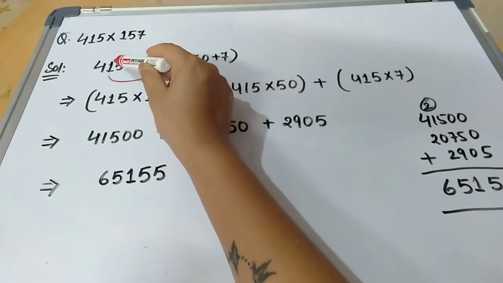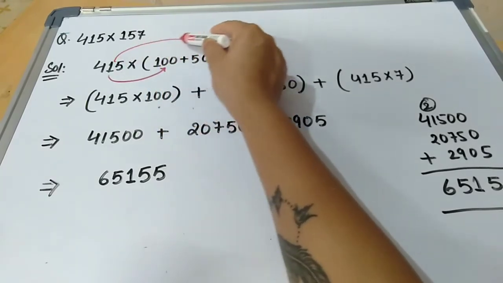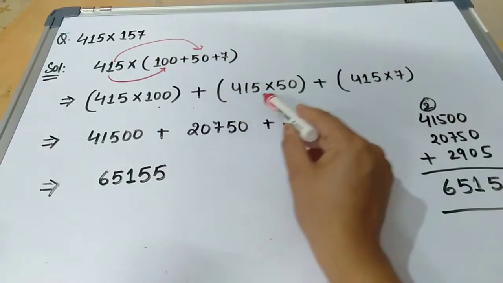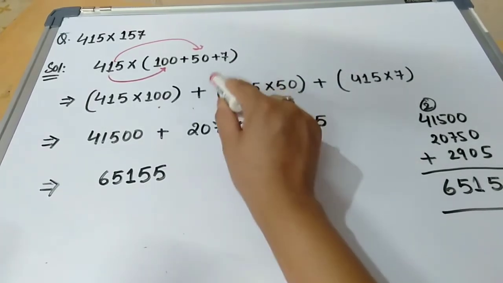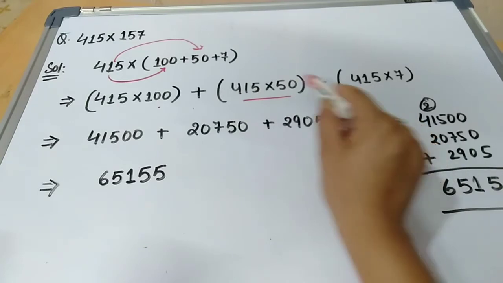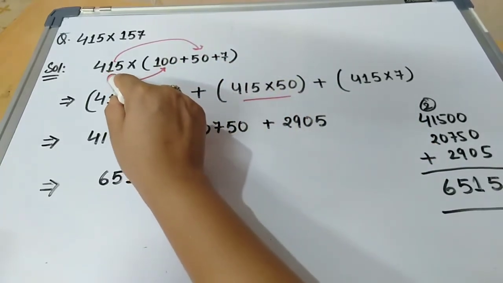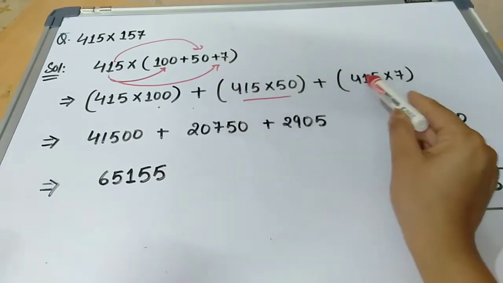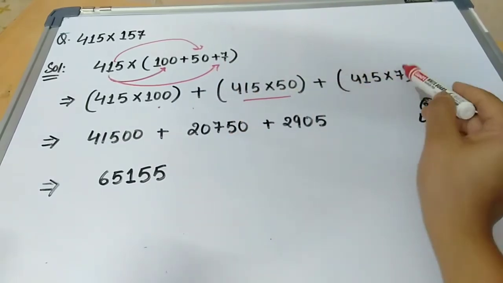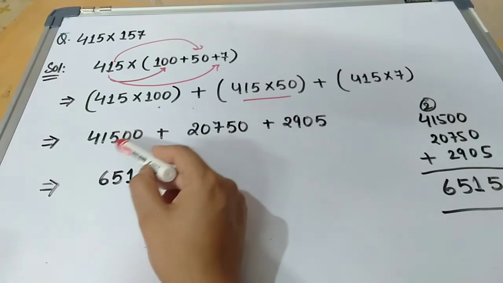Now secondly, you have to take the same number and multiply it by 50 and write it over here. You will multiply and write it over here, close in brackets, and put the plus sign. Now at last, you have to multiply 415 by 7 and enclose in brackets. Now when you multiply, you can directly multiply.